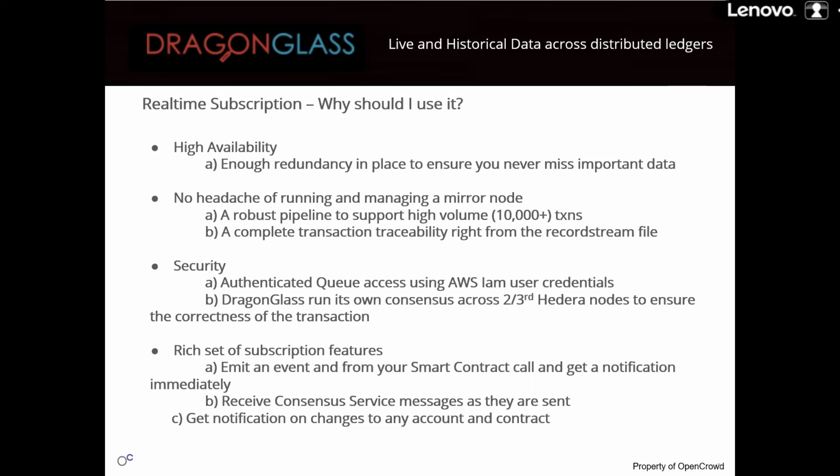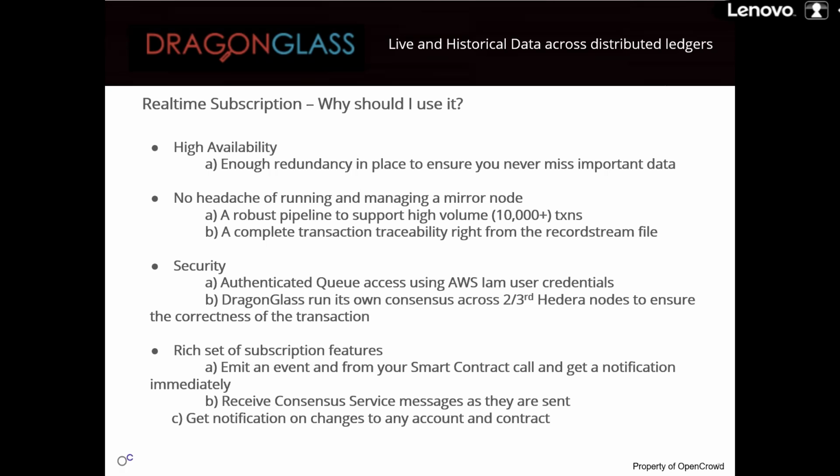No headache of running and managing your own mirror node, as I spoke previously for RESTful APIs. We already have created a robust pipeline to support higher volumes, and we have tested on mainnet for a volume of 10,000 plus transactions. We have complete transaction traceability right from the record stream file, which we receive from Hedera.